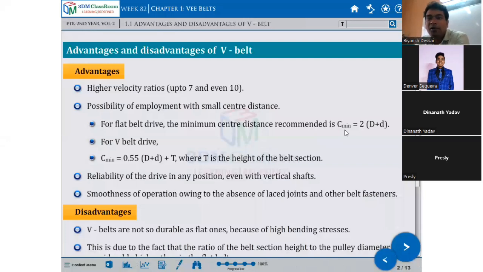Then for Vee belt drive, the center distance between the pulleys should be, minimum, 0.55 times (D plus d) plus T, where T is the height of the belt section.